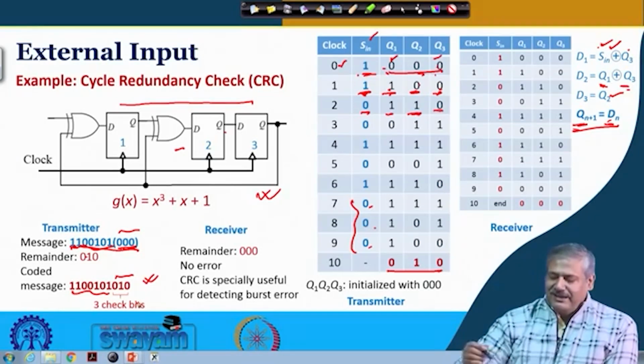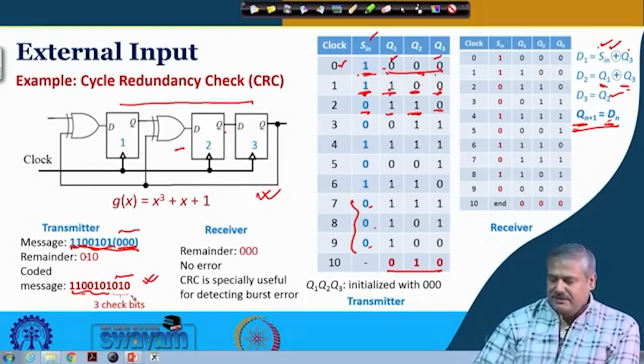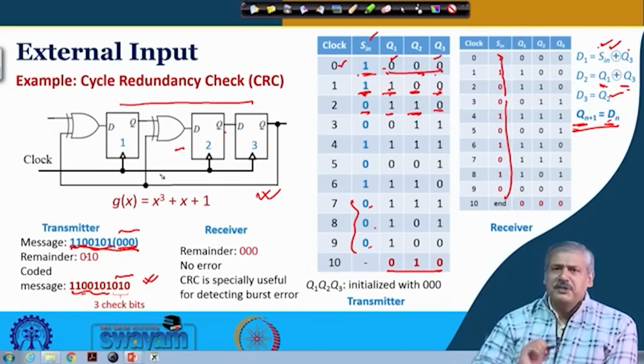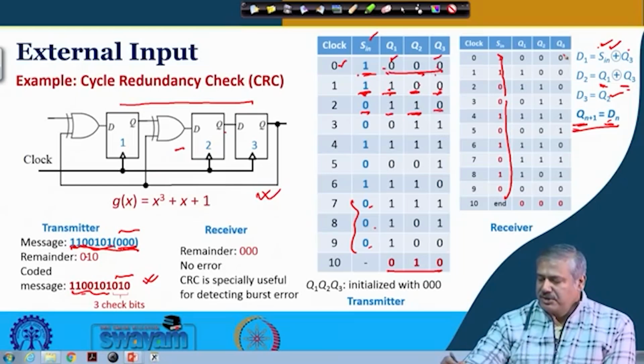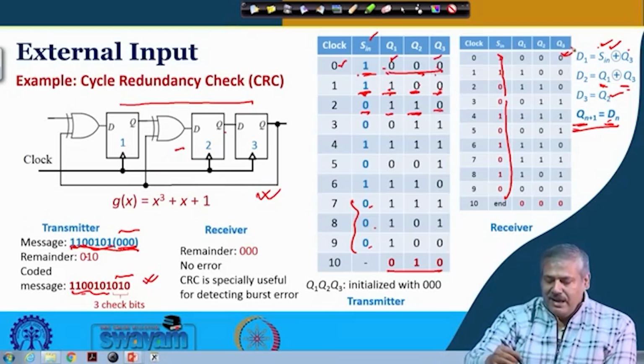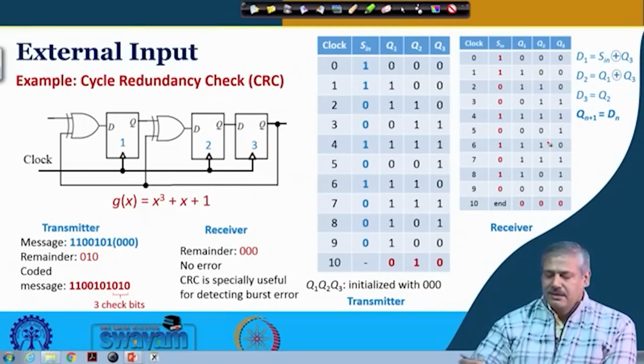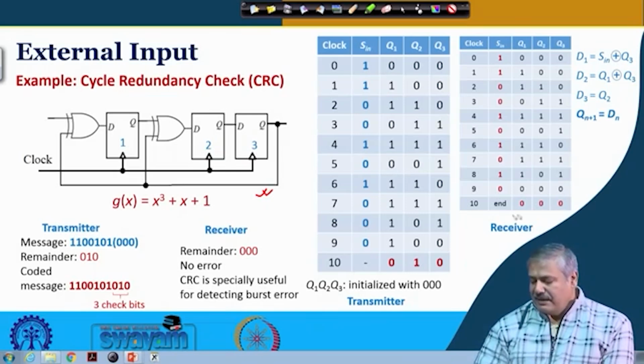At the receiver end, these bits will be given as input. The circuit will be the same and it will be initialized with 0 0 0, and we will progress in exactly the same manner as at the transmitter end.